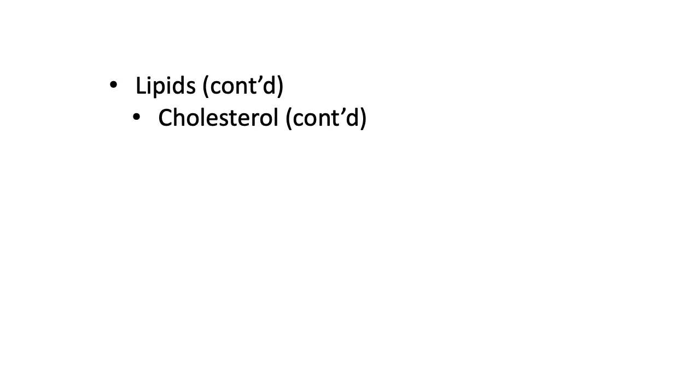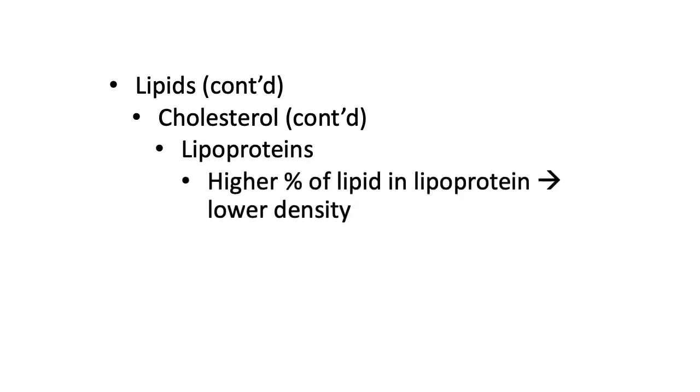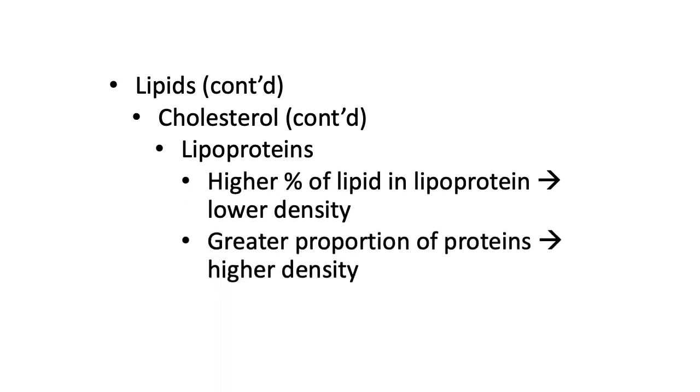We're going to talk about what's the difference between these, and we're also going to include a third group, the very low-density lipoproteins. The higher the percentage of the lipid in the lipoprotein, the lower the density. And the opposite is true. The greater the proportion of proteins to lipids within the lipoprotein, the higher the density.